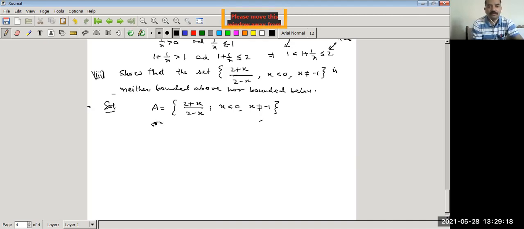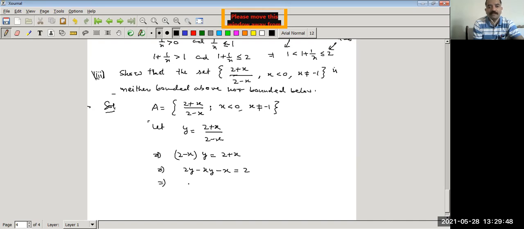So let y is equal to 2 plus x upon 2 minus x. So this implies that 2 minus x into y is equal to 2 plus x. This implies 2y minus xy minus x is equal to 2.